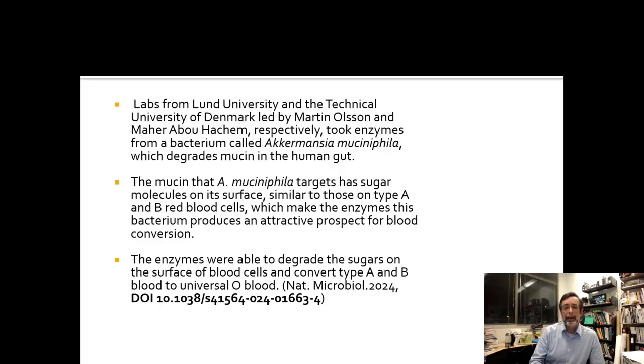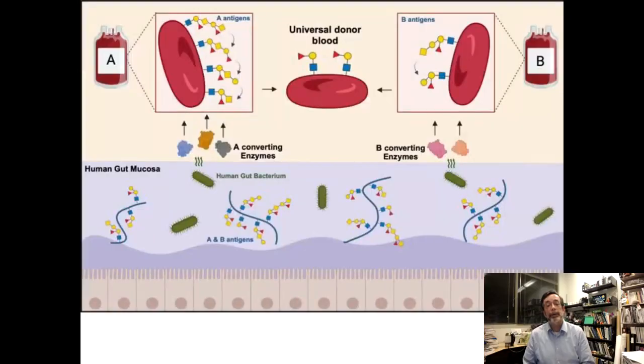They're looking for the enzyme that degrades this mucin, which has sugar molecules that are almost exactly the same as the type A and B red blood cells. So they looked carefully, and they were able to find an enzyme, or a couple of enzymes, that were able to bind to and break the exact sugar bonds that they wanted to break, that would convert A and B to O blood, that would break off those edges.